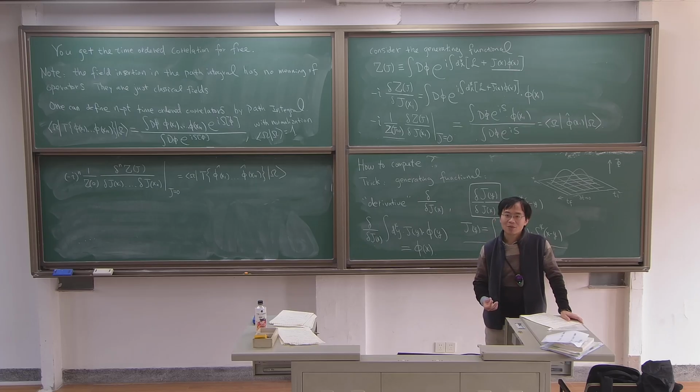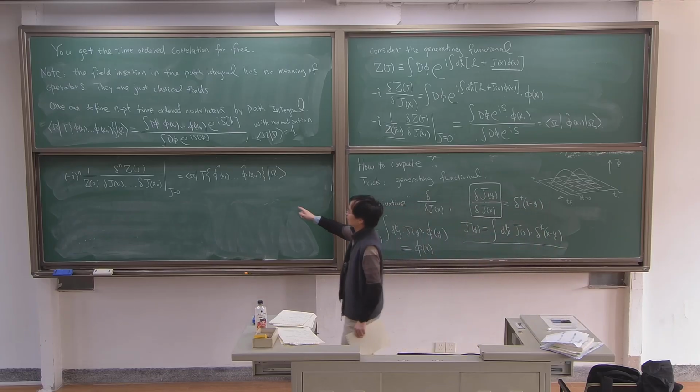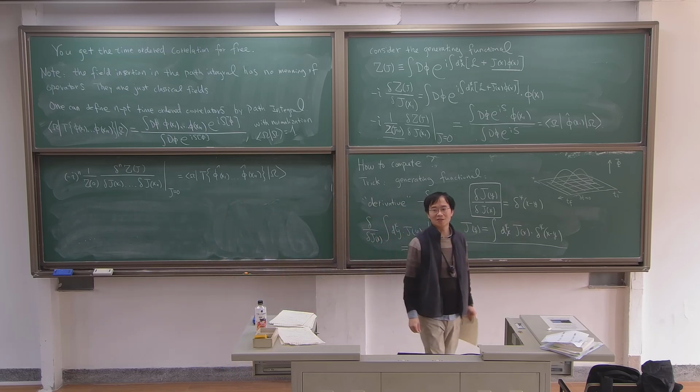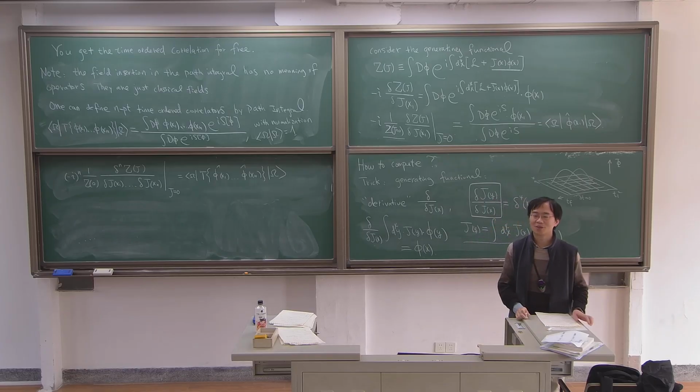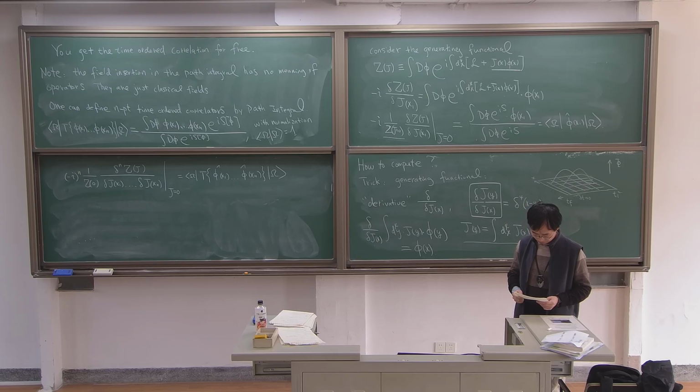The path integral formulation for a field theory is true for both free theory and interacting theory. So if you accept that, then all this result is valid also for interacting theory. It doesn't matter if you are dealing with free or interacting theory. Is that clear?